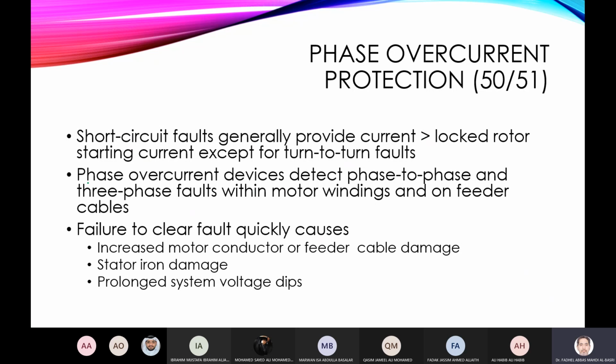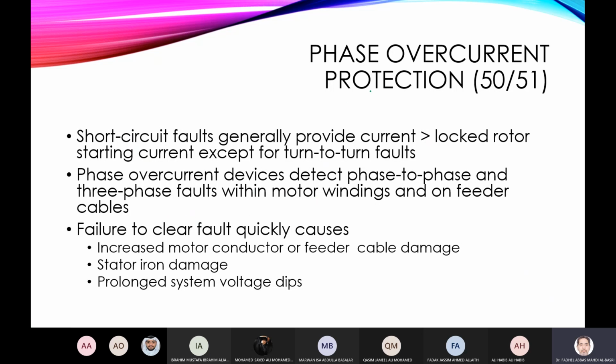We know that phase overcurrent devices detect mostly phase-to-phase faults and also three-phase faults. So we have phase overcurrent protection and ground overcurrent protection that I will show you later in the next slide. The phase overcurrent protection detects phase-to-phase and three-phase fault conditions.